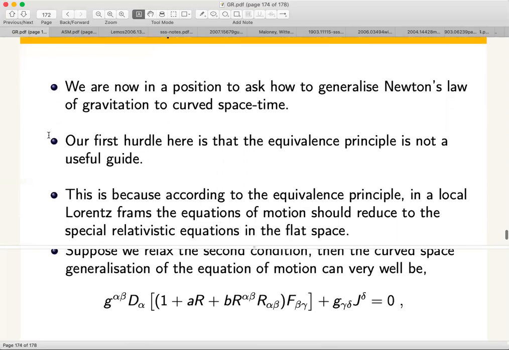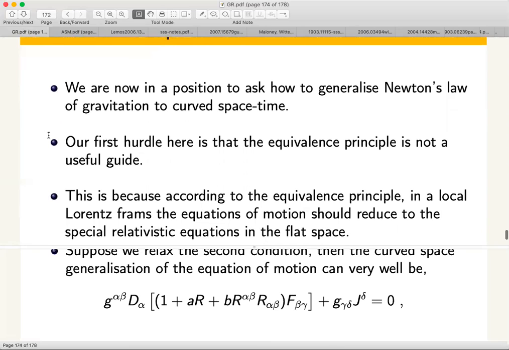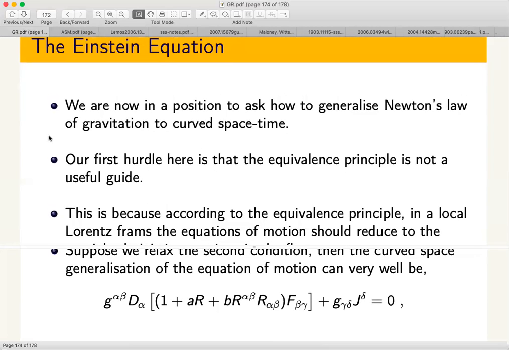In this case, the first hurdle that we encounter is that the equivalence principle of any kind is of no use. Most of the equivalence principles tell you that in the local frame you do not see any effect. Since we are going to stick to Einstein's equivalence principle, it will tell you that if you want to work in the local frame, deduce some result and generalize that to curved space, in the local frame you just don't see the effect of gravity.